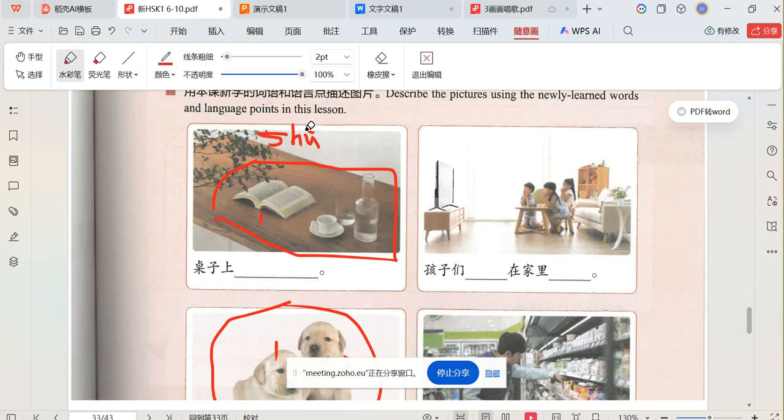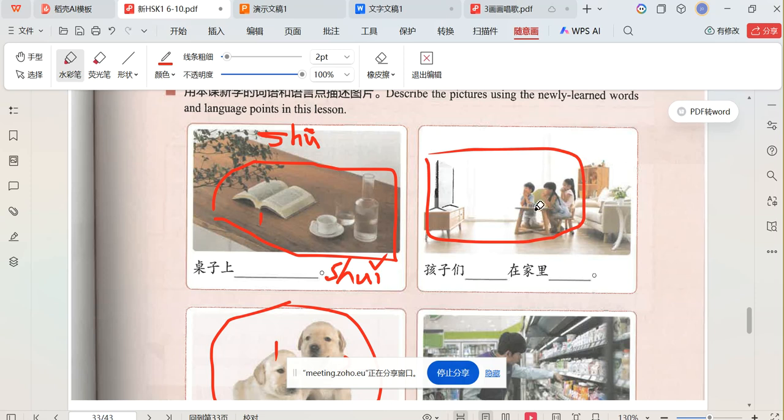Water is 水. So how can I say there are a book and water on the table? 桌子上有书和水。So what are they doing at home?